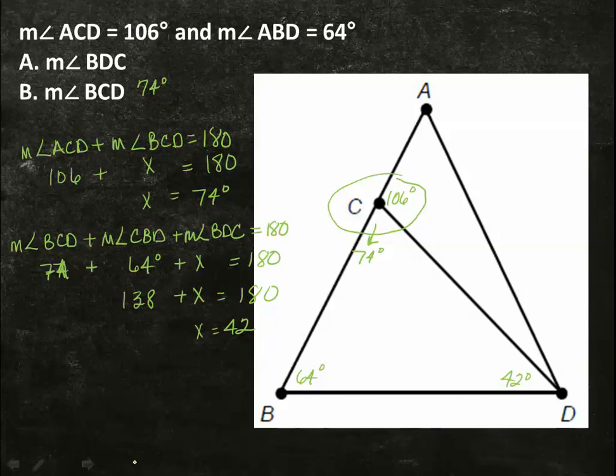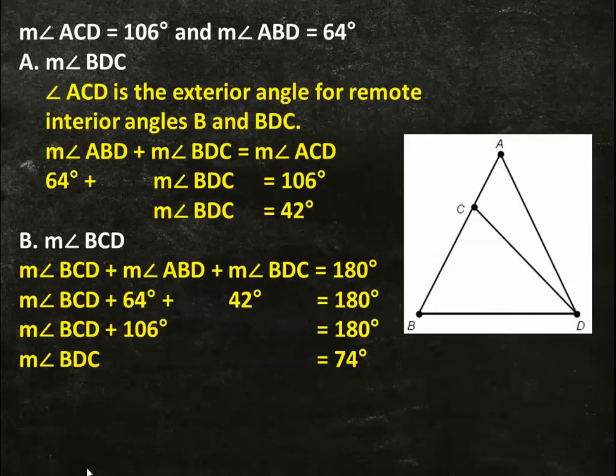Let's see how they figured it out in the key, because I have a feeling they did not do it that way. Oh, look, they didn't. It says ACD is the exterior angle for remote interior angles B and BDC. So they're saying that this right here is 1 over 106. See how that works?